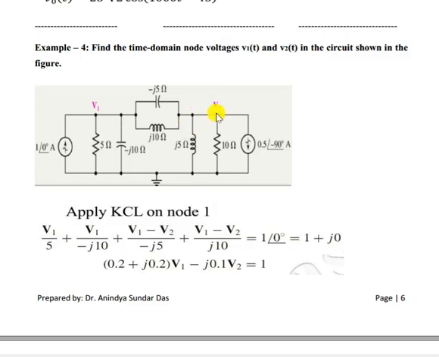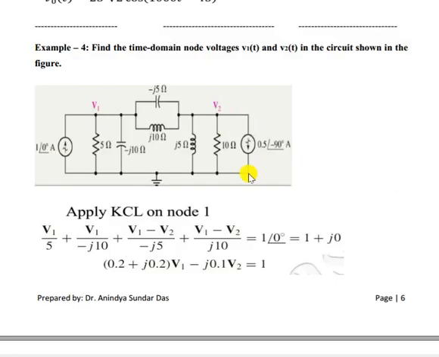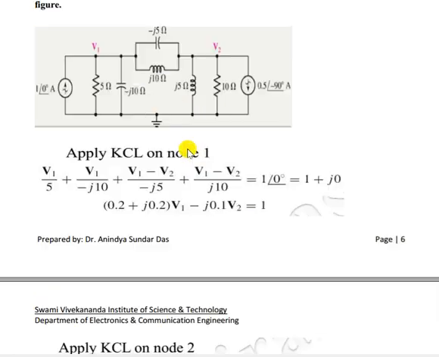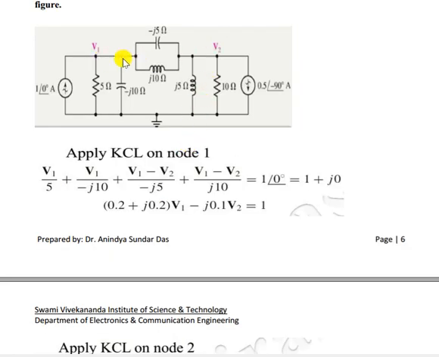At node 2, similarly we can write. Now here you can see this current is leaving, and other currents we are also considering leaving. So V2 minus V1 by J10, V2 by 10, V2 by J5.